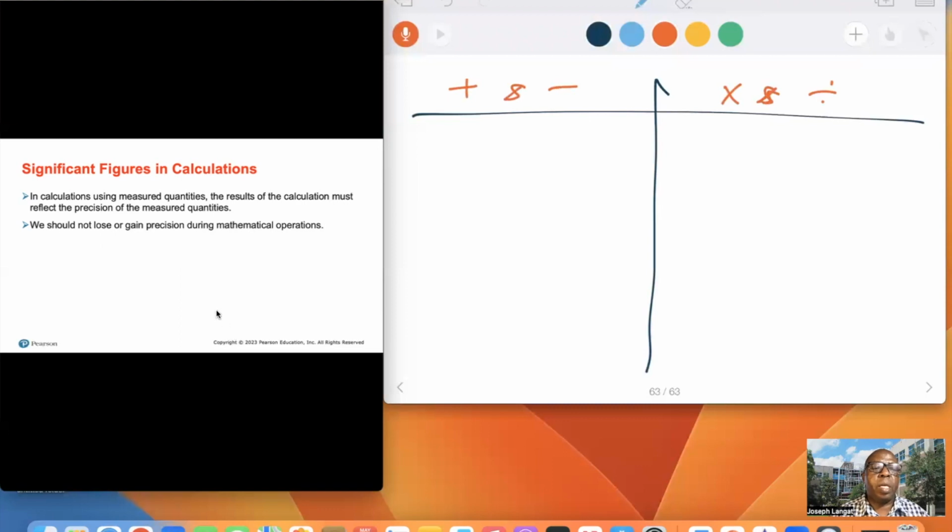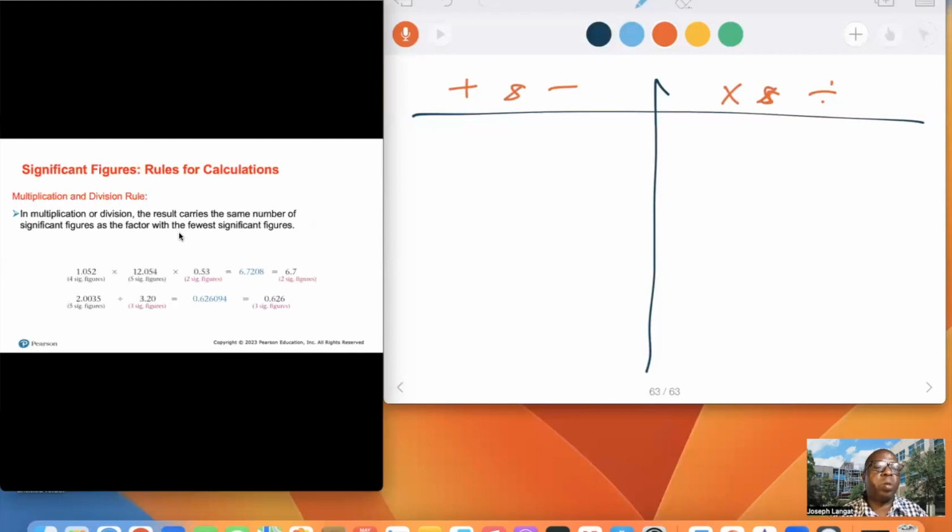In calculation, we should not lose or gain any precision during mathematical operations. That's what I did in the previous examples. I had to have more than what is required in terms of significant figures. Otherwise, if I express with all the digits on the screen, chances are we will gain precision or lose precision.